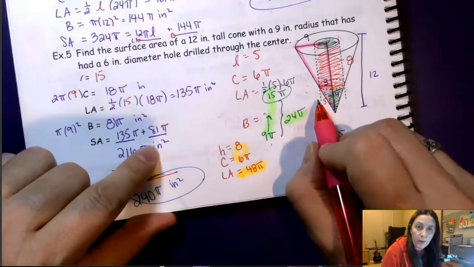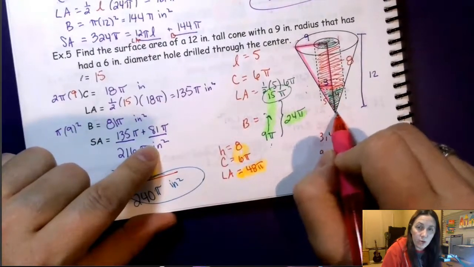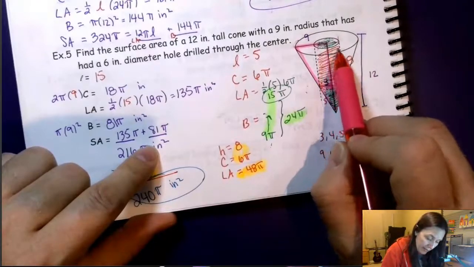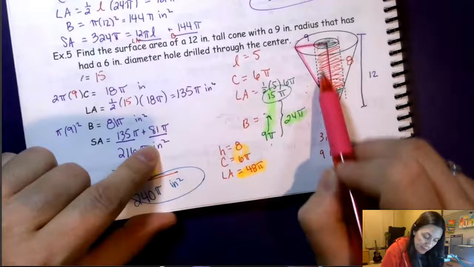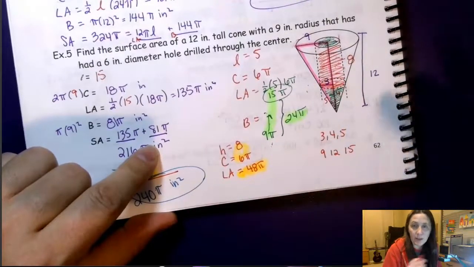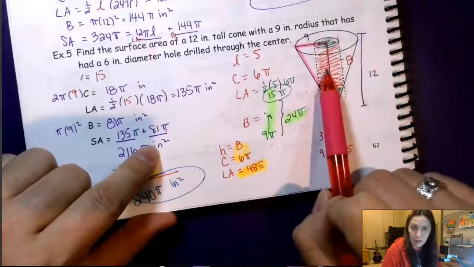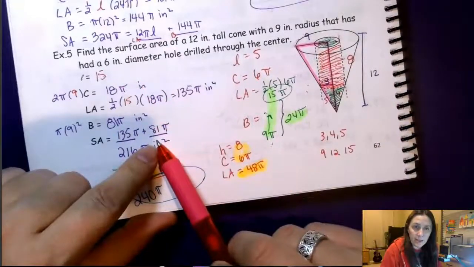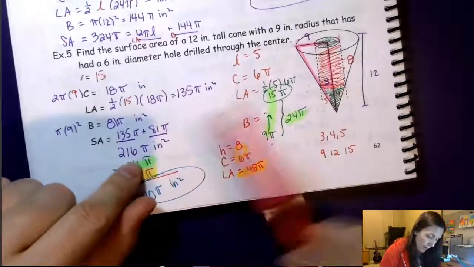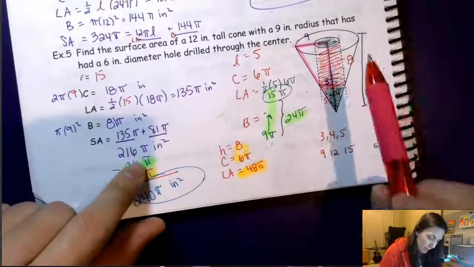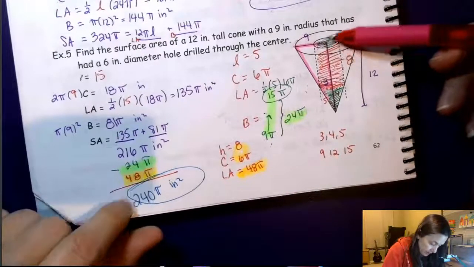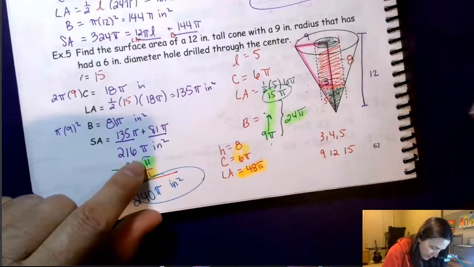And we need to take away this cone, and we need to add in the cylinder in here because now it's going to be open to the elements and it's going to be touching outside. So we're still doing a lot of the same things here. We get 135 plus 81, I get 216 pi for the surface area, but I have to take away this circle.